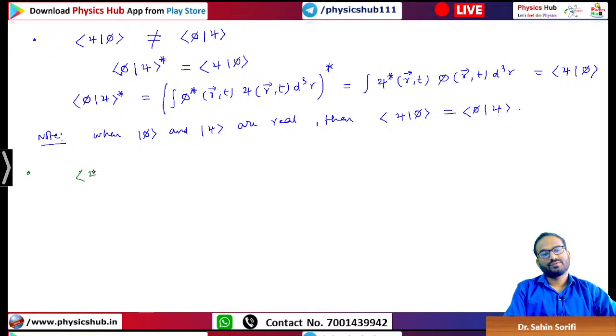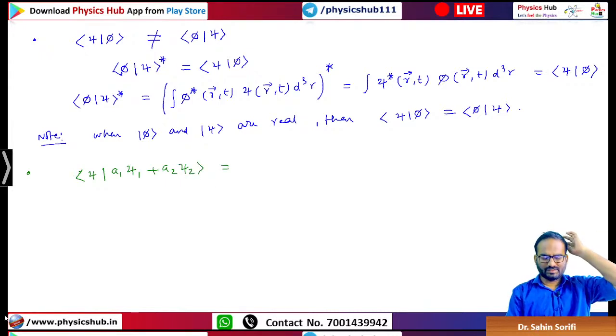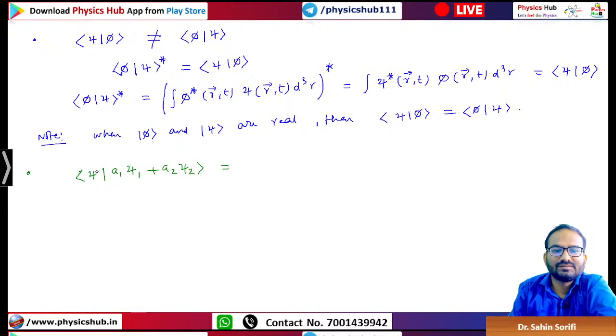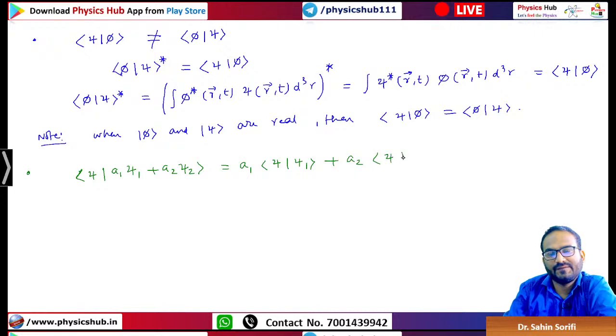Let's say I'm giving you bra psi, then a1 psi 1 plus a2 psi 2. What are you going to write? A1 is not under the bra, it is on the ket side. So A1 will come out as A1, then psi 1, plus A2 is also inside the ket, so A2 psi 2, as simple as that.